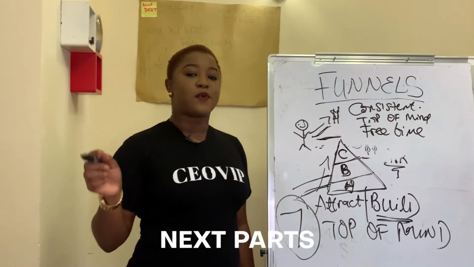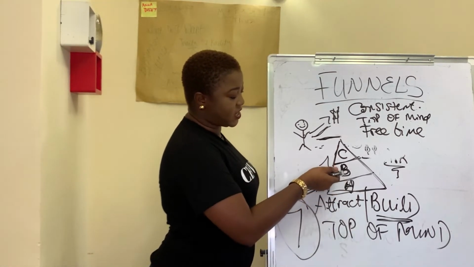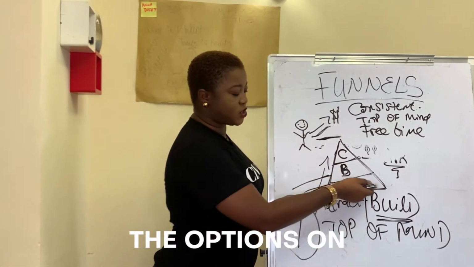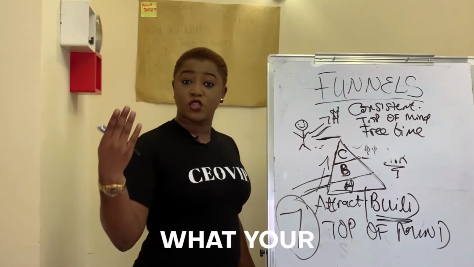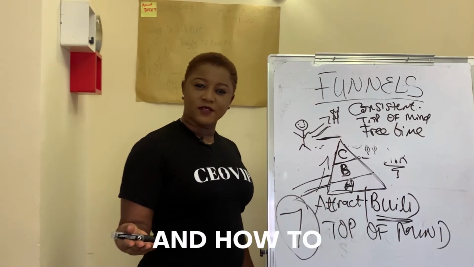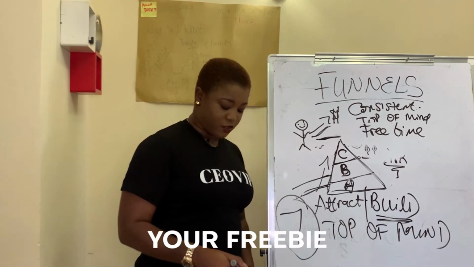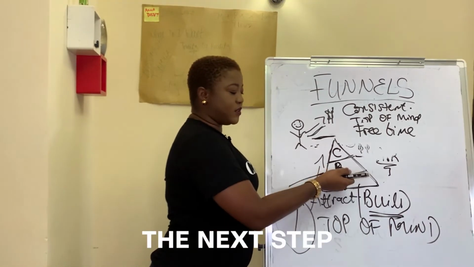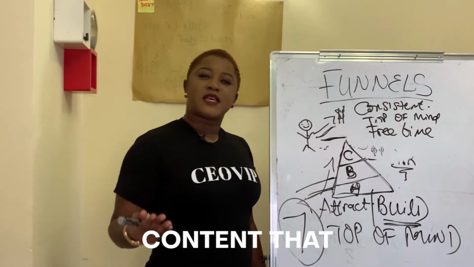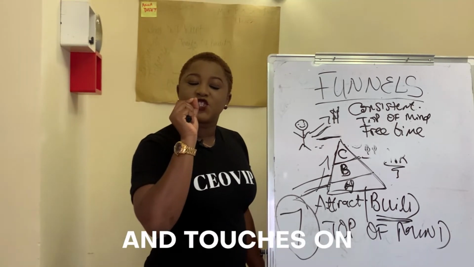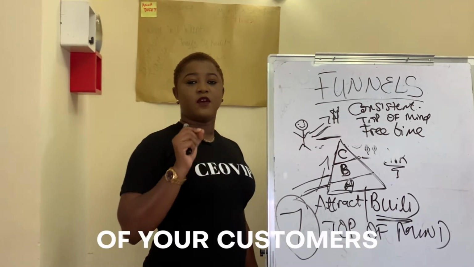So in the next part, we're going to break down each level, the options on attractions, what your freebie is, and how to set that up, where you can create your freebie, right? And then the next step is to build content that nurtures and touches on the pain point of your customers.